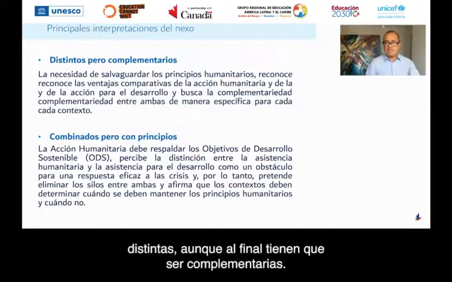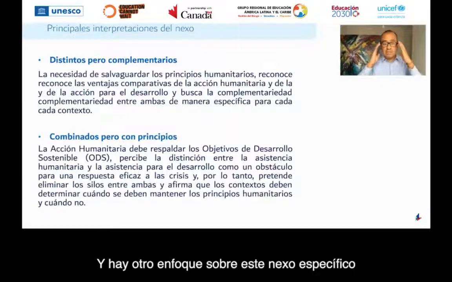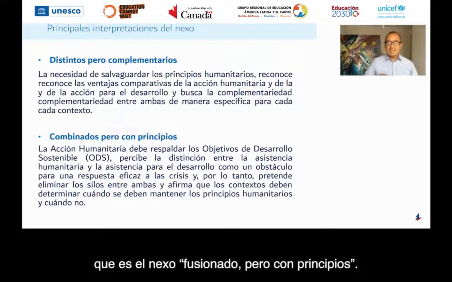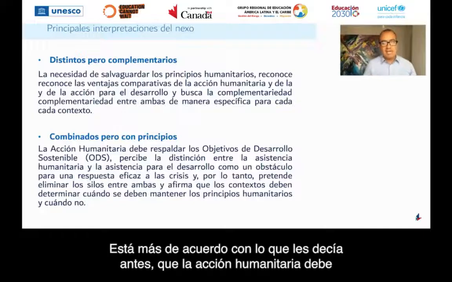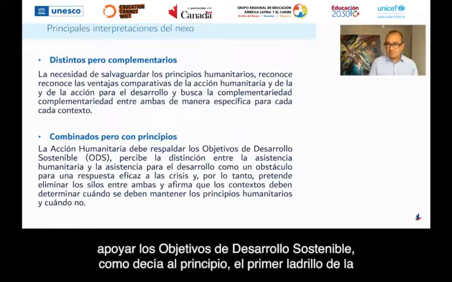but at the end they need to be complementary. And there is another approach about this specific nexus, the merged, or principled nexus, approach. So what does it tell us? It's more in agreement with what I was saying before, that humanitarian action should support the sustainable development goals.